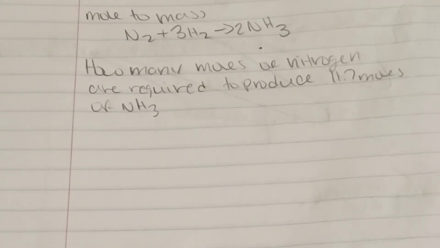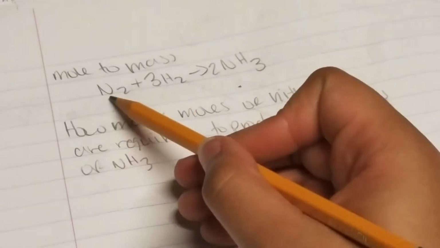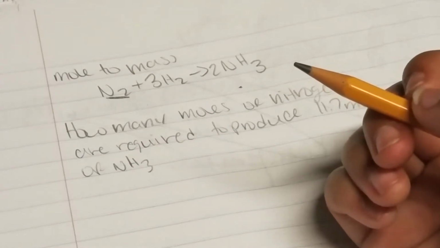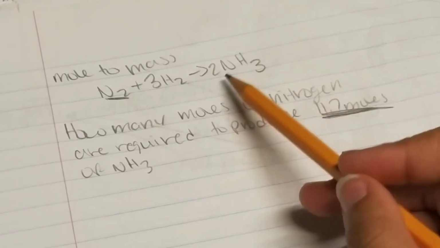Let's say our problem asks how many moles of nitrogen are required to produce 11.7 moles of NH3. So we're looking for nitrogen, and we are given 11.7 moles of NH3.